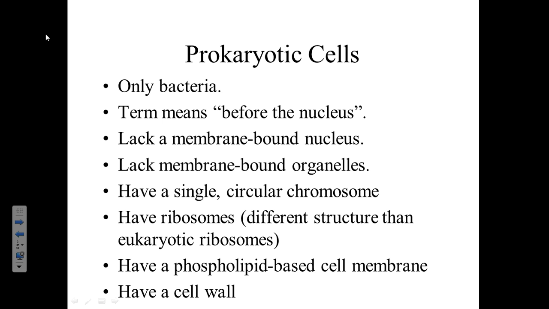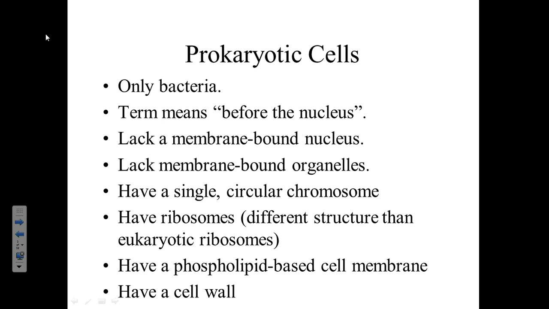And we know literally what prokaryotic means: before the nucleus. We know they lack a membrane-bound nucleus, but they do have DNA. And what does their DNA look like? A single circular chromosome.